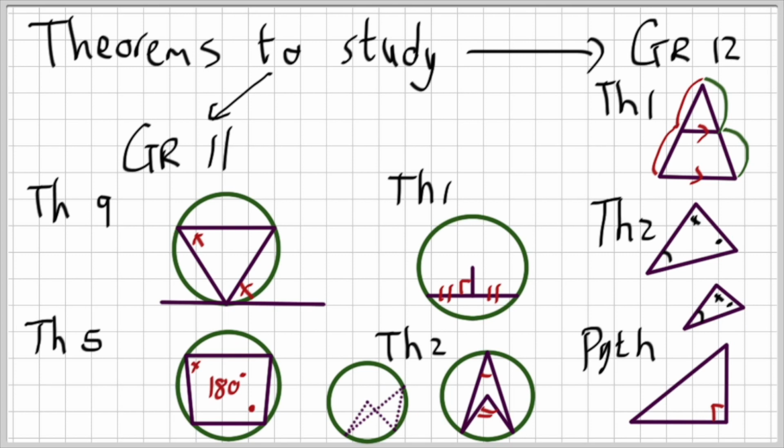Interestingly enough, last time I heard, there are more than 10 formal proofs for the theorem of Pythagoras, which is really awesome. And the one that's part of your grade 12 curriculum is using similarity to prove it. Oh my goodness. 15 minutes of pure theory.